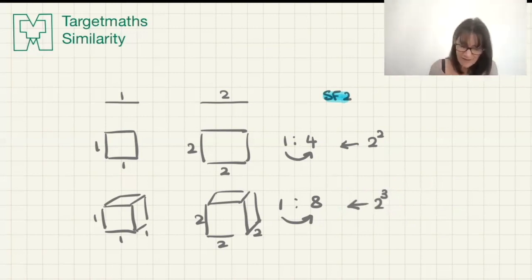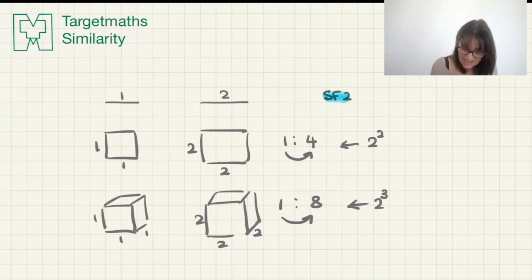So my scale factor of 2 for the length is used throughout, except I've got a power 2 when it's area and a power 3 when it's volume, which is really easy to remember, because when we work in area, if we were working in unit centimeters, the answer is centimeter squared. So this has just become scale factor squared for area, scale factor cubed for volume.